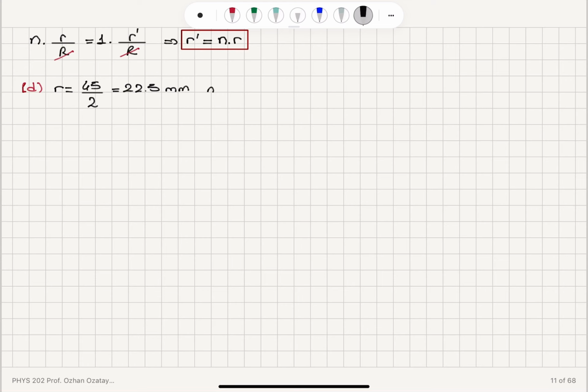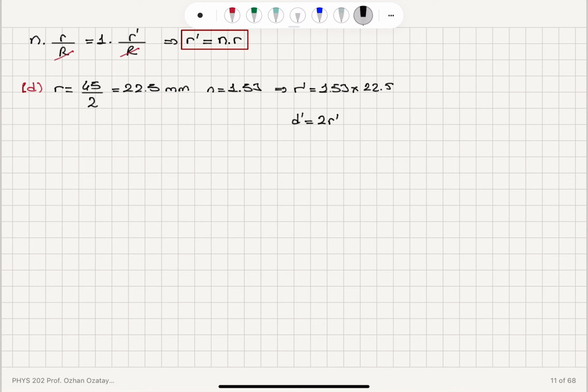The index of refraction n is 1.53, therefore the radius r prime will be 1.53 times 22.5 millimeters, and the diameter of the object will be d prime, 2r prime.